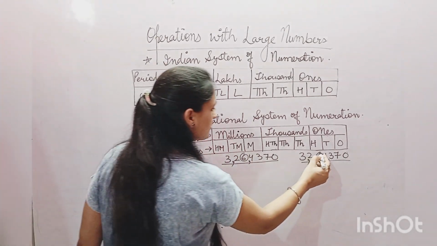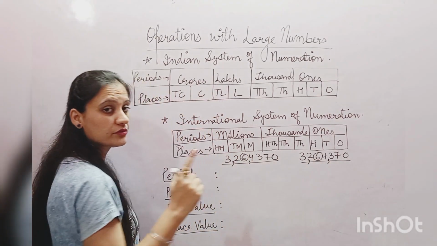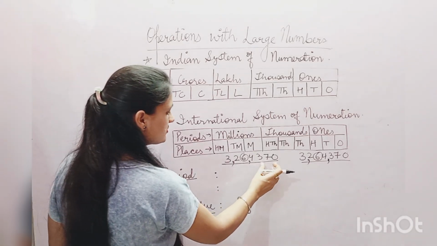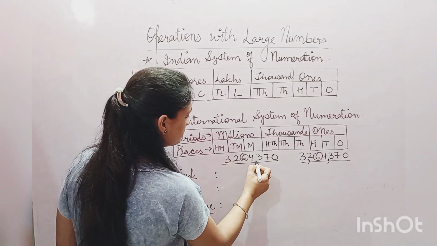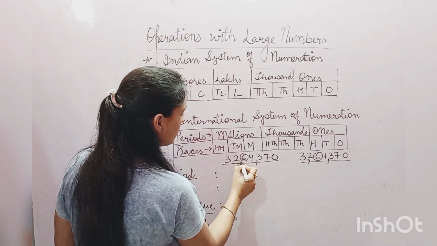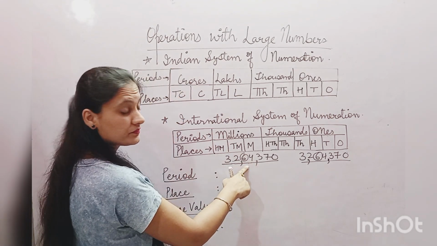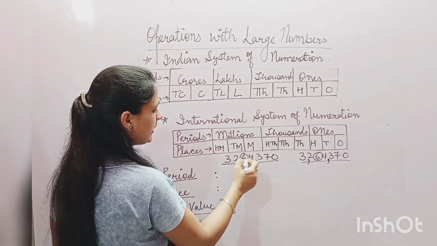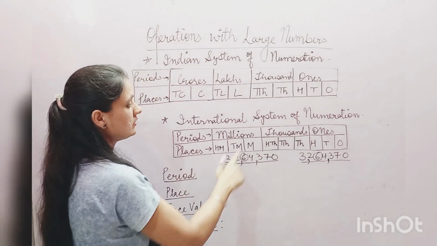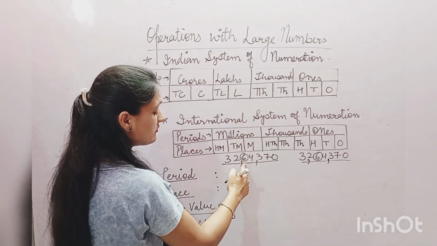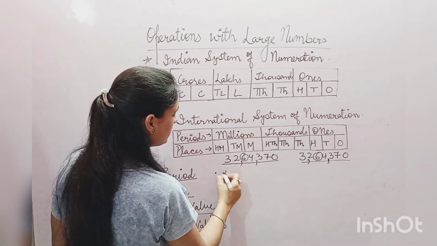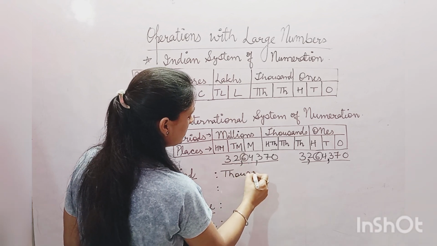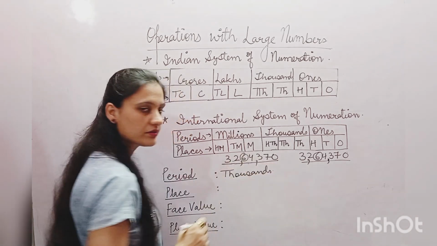Here if somebody asks you write down the period of 6, you know this is first is the ones period, right? And second is the thousand period, and then here lakhs period. So it is in which period? We can say it is in thousand period. Which period is this? Thousand, right?